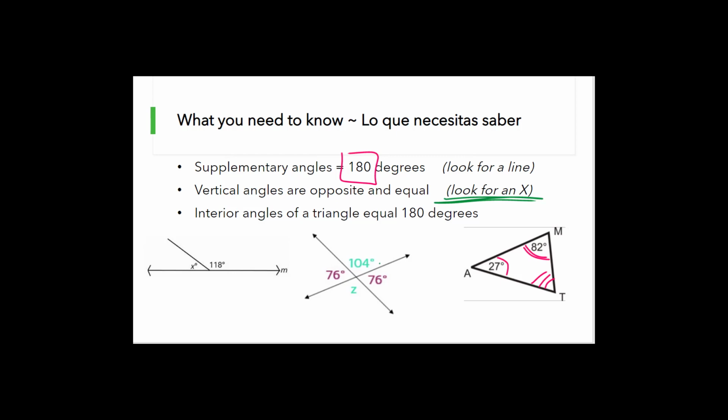Again, you can write an Algebra 1 equation. 27 plus 82 plus this side, I don't know, so I can put x equals 180. So you're going to draw the line, and again, when it crosses the line, change the sign. So minus 27, minus 82, use a calculator, and solve.